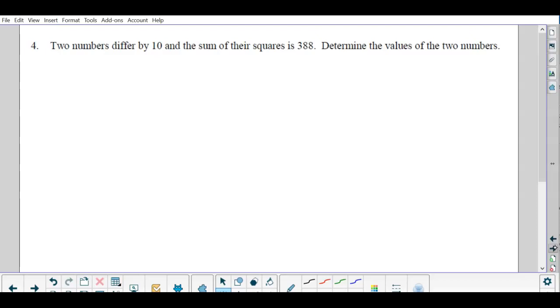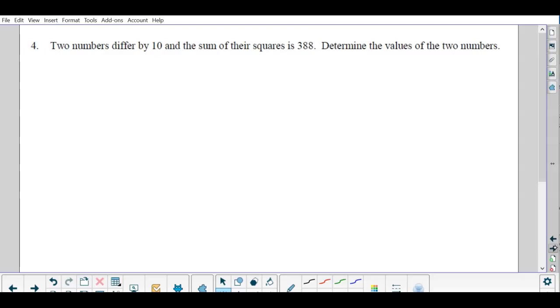That word maximum and minimum were in there, because that's what we were looking for, the vertex, not a solution. Now we're looking for the value of the two numbers in that equation that we formed. So different from the last unit that we just finished.